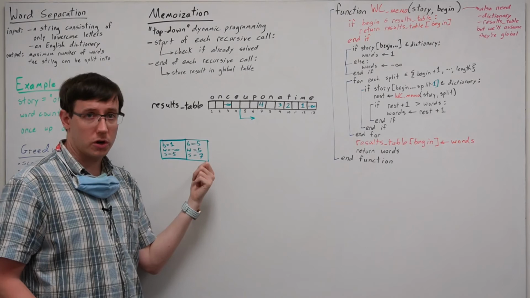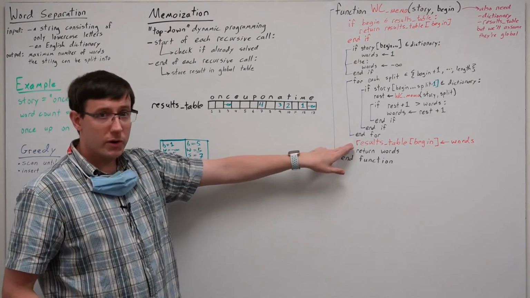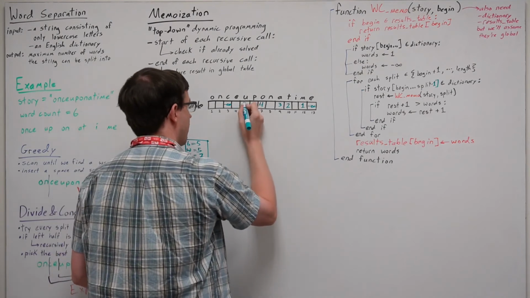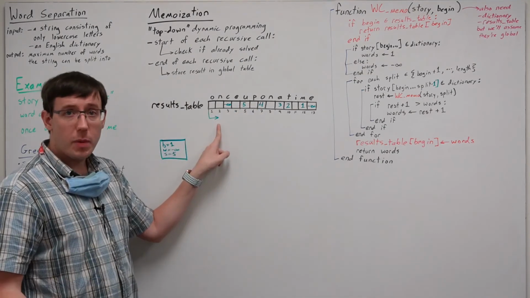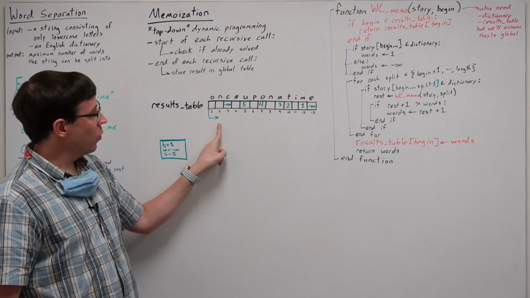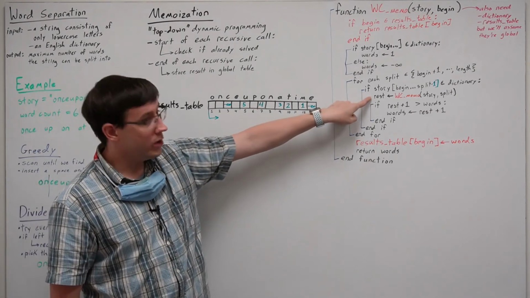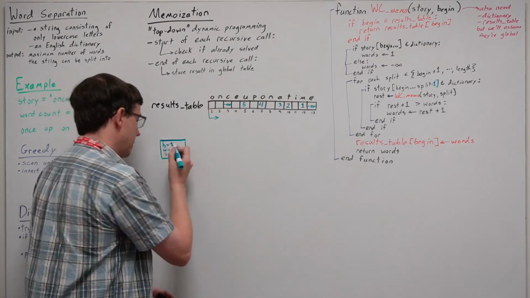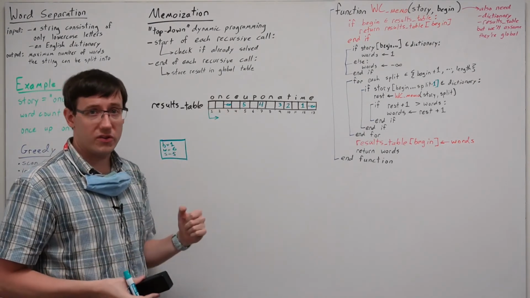recursive call can return. Before returning, we store our word count of 5 in the table, and we give back to our top-level call a word count of 5, to which it adds 1 for the word once, and we update our word count to 6.